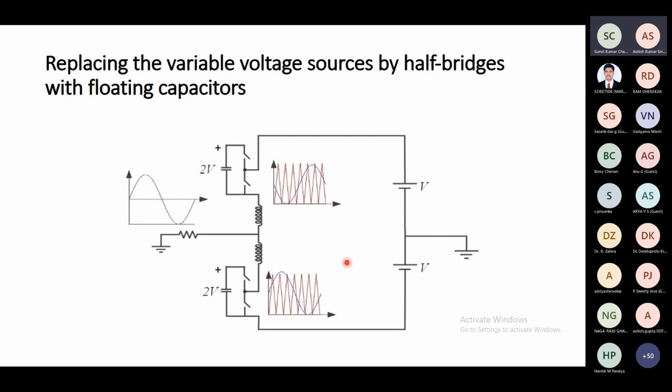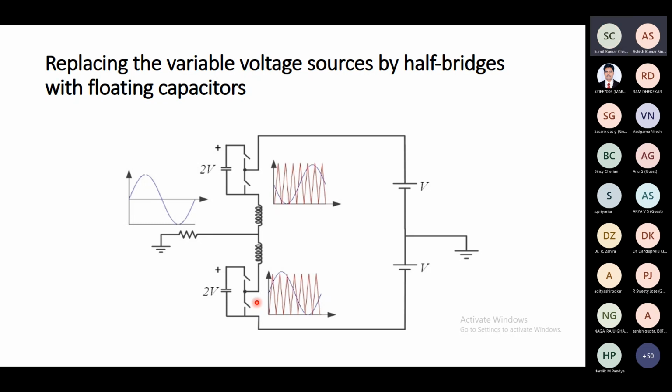Will it be possible to maintain Kirchhoff's voltage law in this loop without having a DC component of current? No, because the sum of this voltage and this voltage will no longer remain 2V.